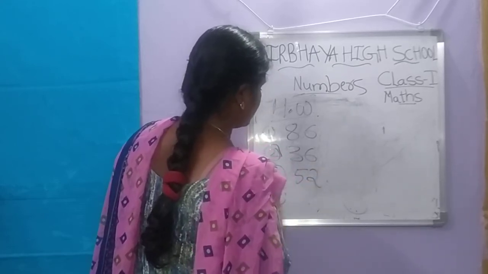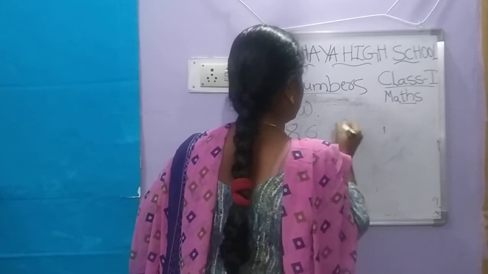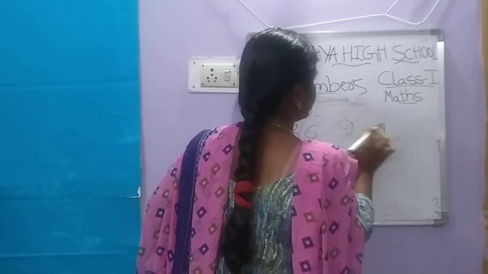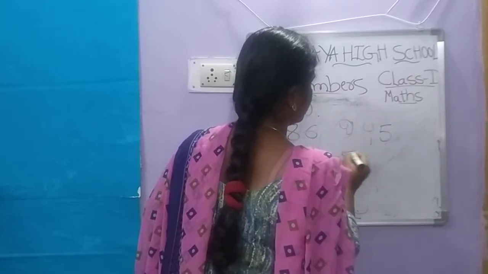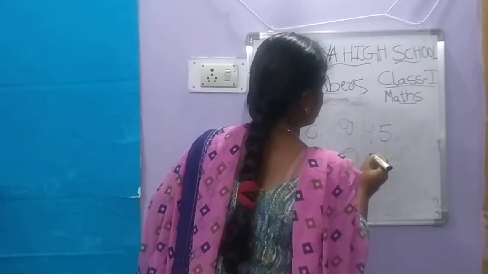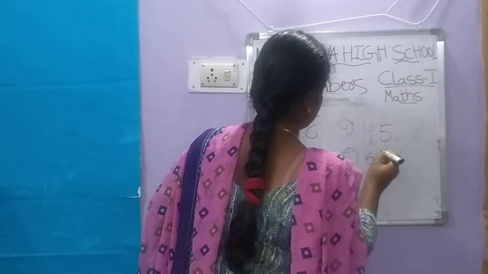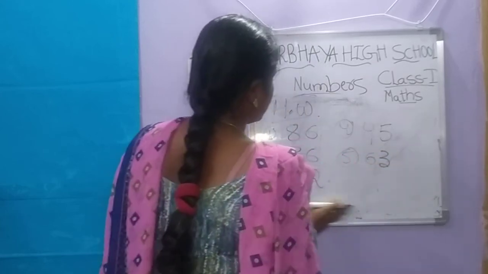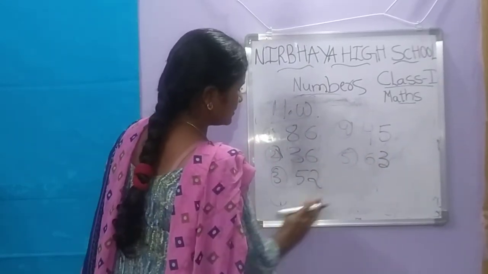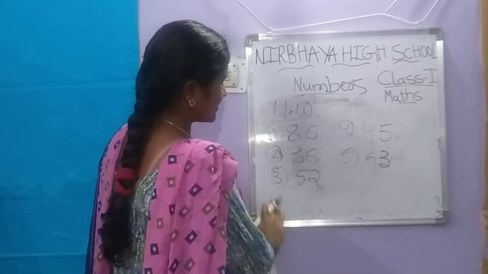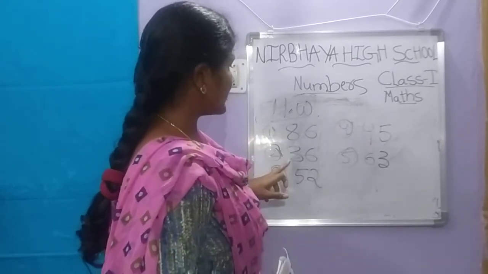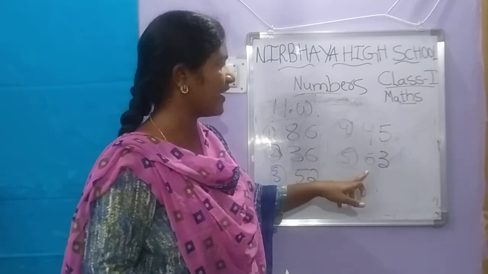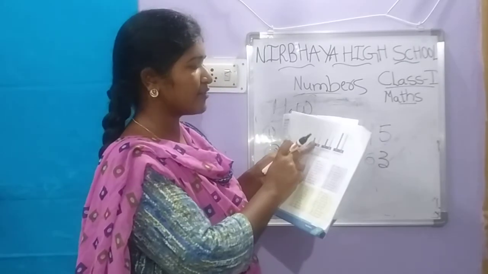Fourth one 45. Fifth one 63. You have to do these by using abacus. Like this you have to do.